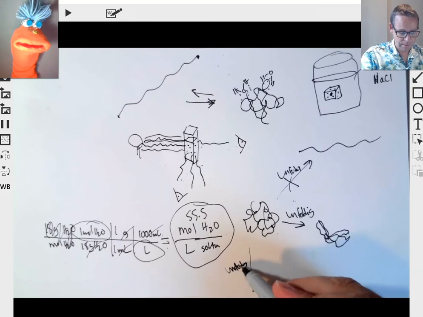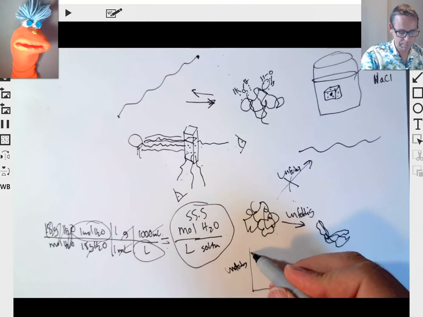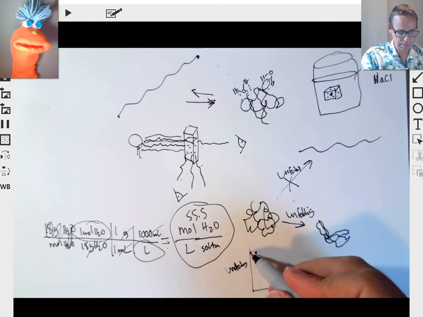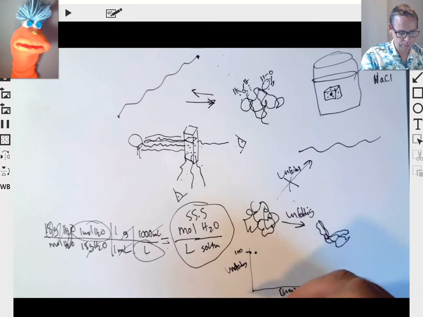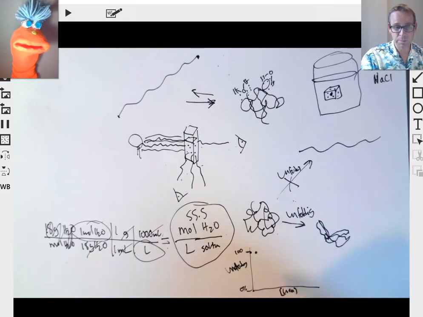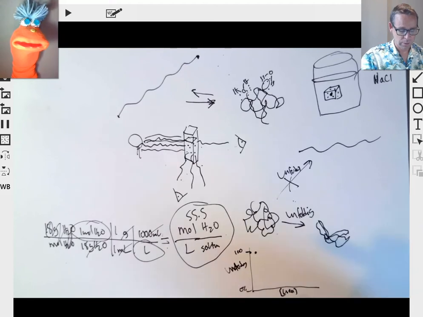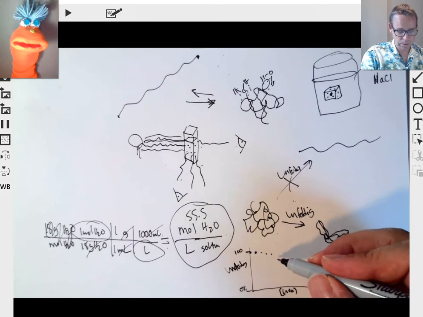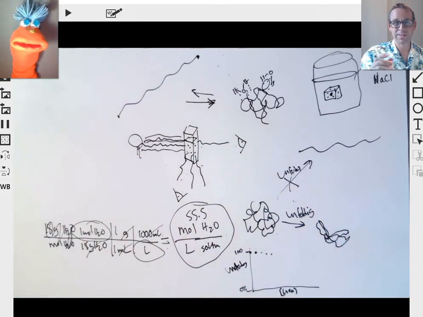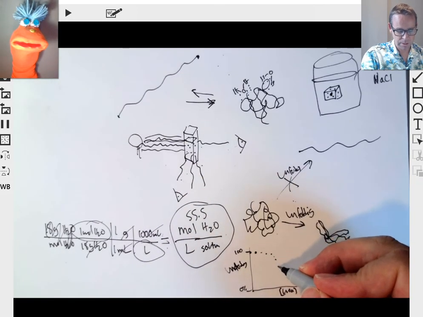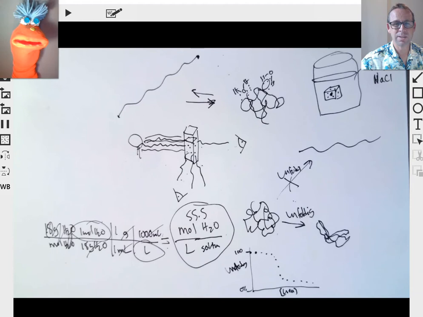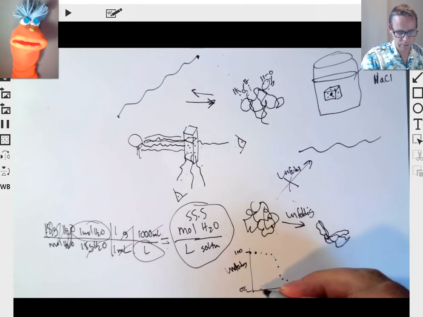If I'm going to monitor unfolding, maybe it starts up here in terms of the amount of foldedness. So this would be 100% folded. This would be 0% folded. Now this could be monitored by fluorescence or whatever. But there might not be a whole lot of shift until you get to a point where it's being perturbed enough that it all of a sudden collapses, and so you get a shift like that. All right, and so this is a sigmoidal curve, and it doesn't have to be down; it could be up as well.